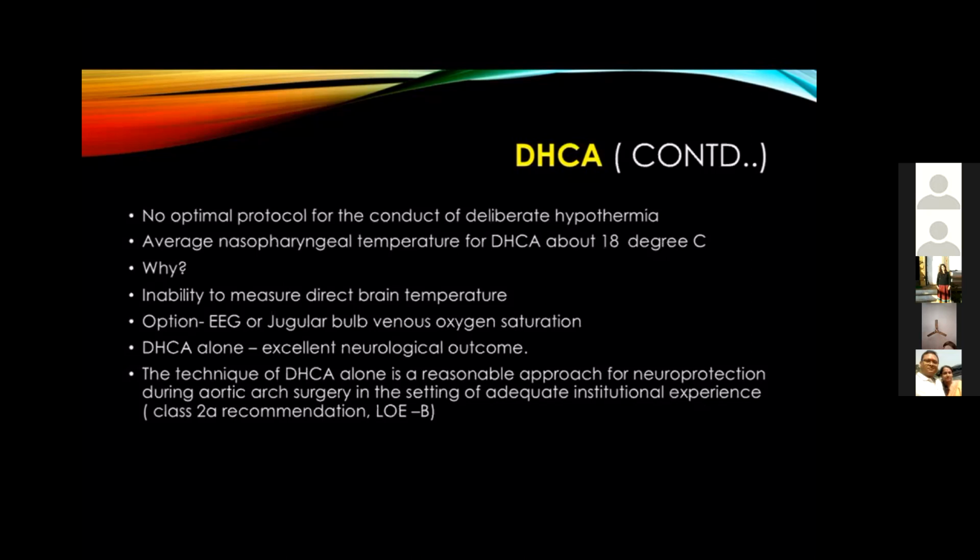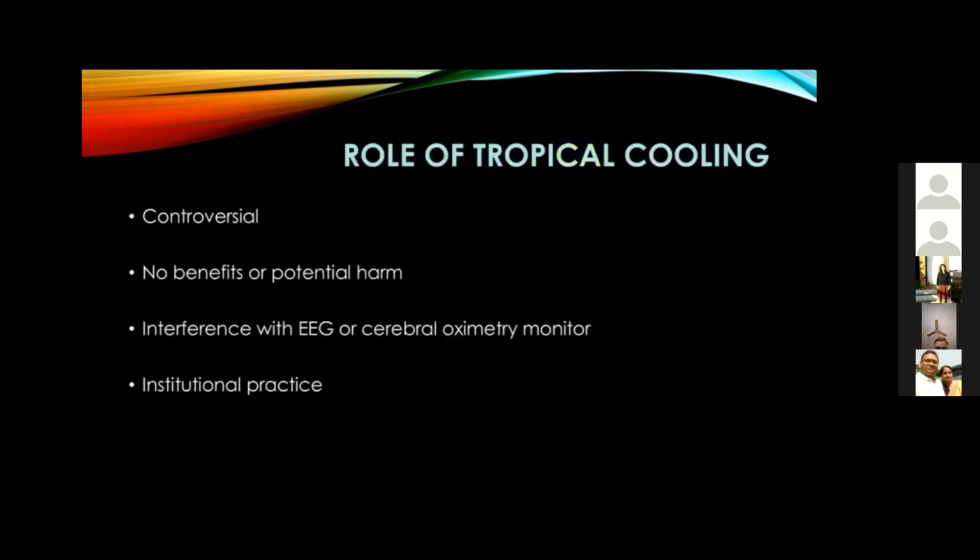Now it is a class 2A recommendation, level of evidence B. The role of topical cooling is controversial. No benefit, or some say that there is a potential harm in this topical cooling, and it also interferes with the EEG or cerebral oxygen monitor, and it is also an institutional practice.